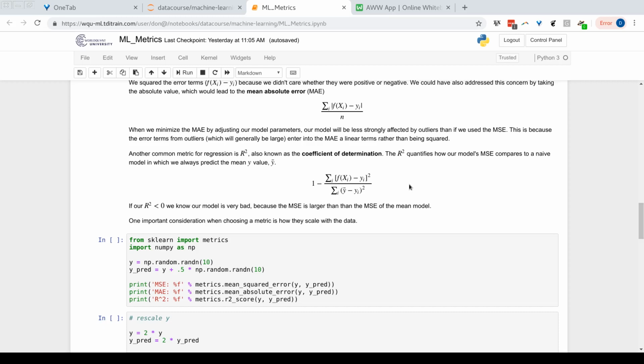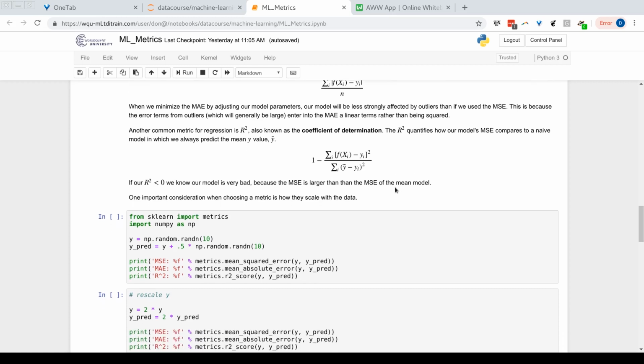So the numerator and the denominator are equal to each other. So our R squared value is 1 minus 1, which is 0. So if we evaluate our model, we get an R squared value of 0. Well, guess what? Our model doesn't do much better than just predicting the mean value. It's unfortunate, but that might happen.